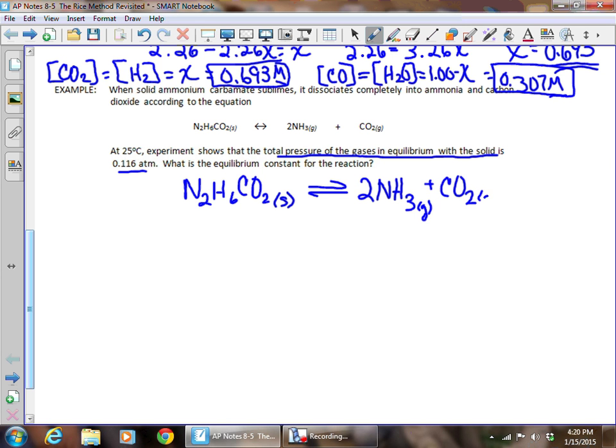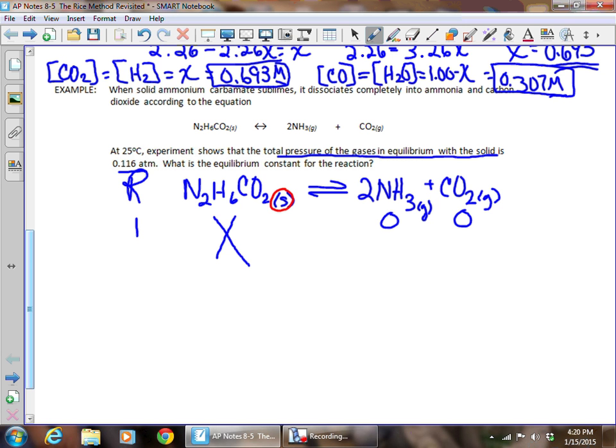I'm emphasizing that because here's what I've got for a reaction. For my initial concentrations, both of these are 0, and here's the big, important thing: we don't care what the initial concentration or anything is of N2H6CO2. Why? Because it's a solid.